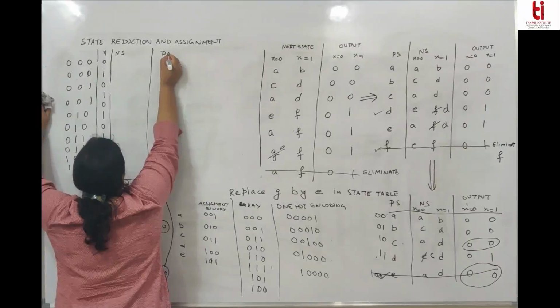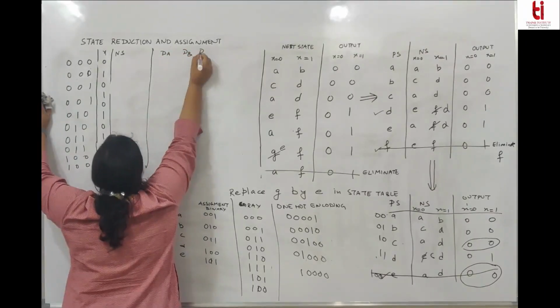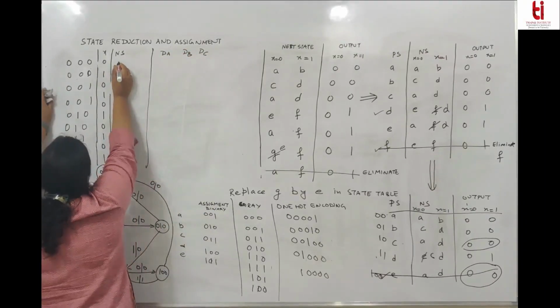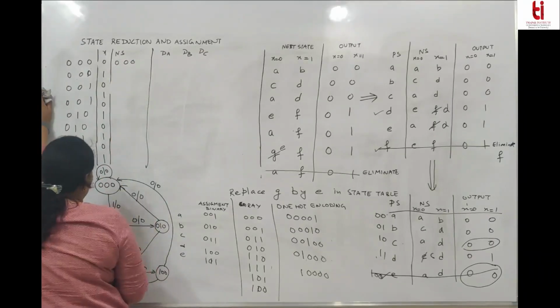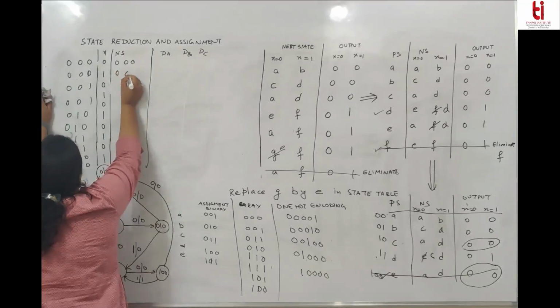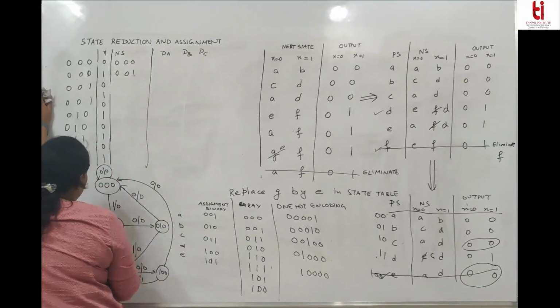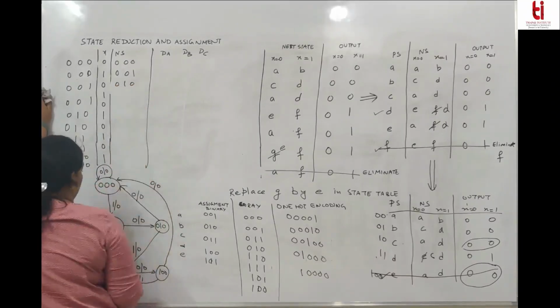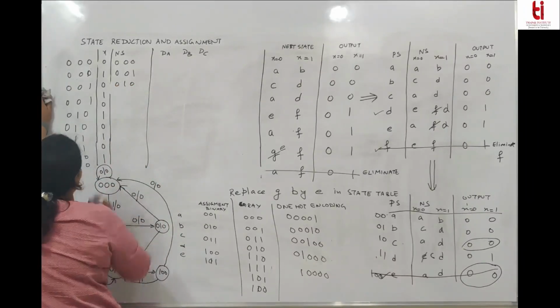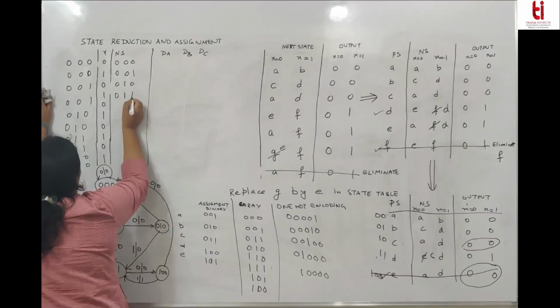Then we have dA, dB, dC. For x equal to 0, it goes to which state? Same state. For x equal to 1, it goes to next state. Now from 0, 0, 1, for x equal to 0, it goes to next state. For x equal to 1, it goes to next state.